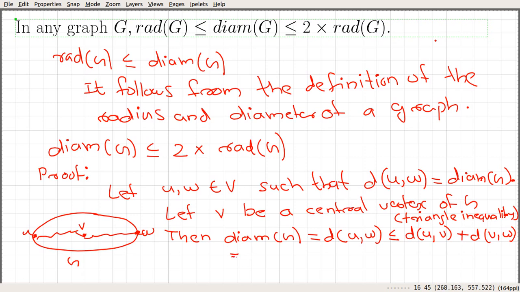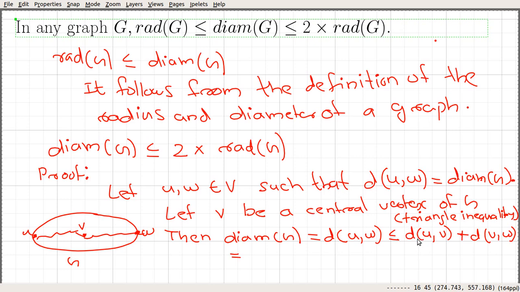Now let's look into these two distances, d of U comma V and distance of V comma W. So by definition, the eccentricity of a vertex is nothing but the maximum among the distance between that vertex and all the other vertices in the graph.